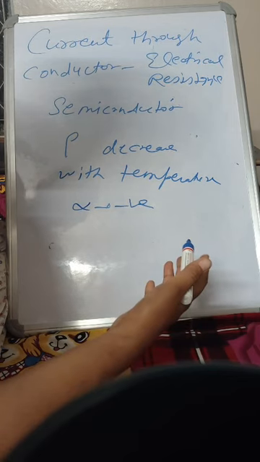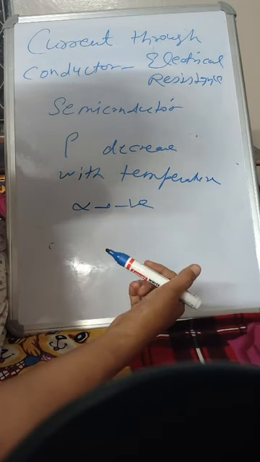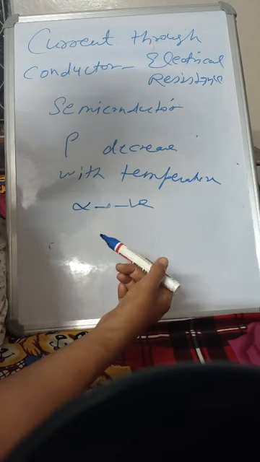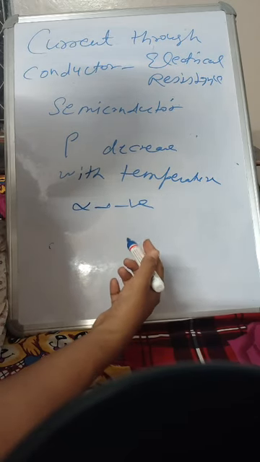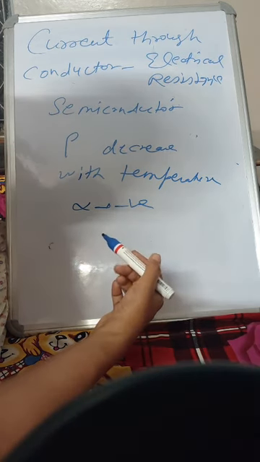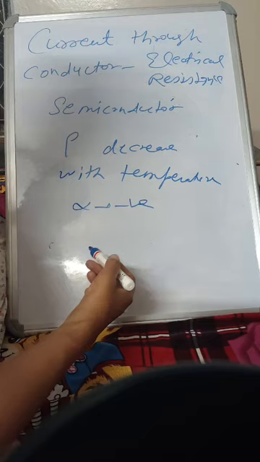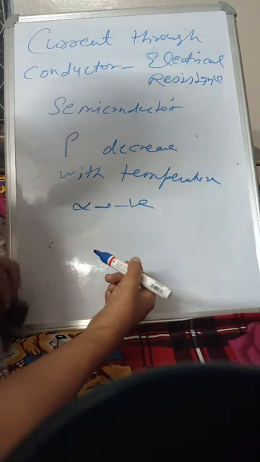Similarly, an example of a semiconductor is germanium, which has a resistivity of 0.45. And in the case of insulators also, this temperature coefficient of resistivity is negative.